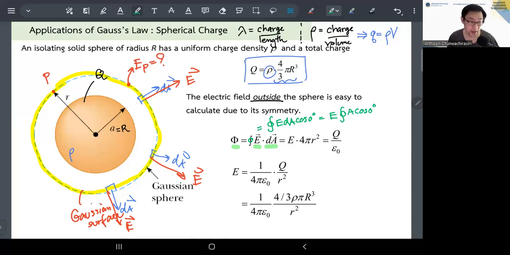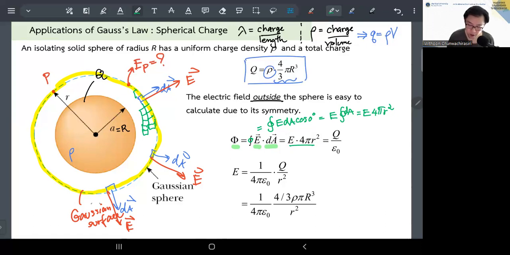Cosine 0 is 1, and the dA is just the sum of all those dA across this sphere, which gives you 4 pi r squared. That leads you back to E 4 pi r squared. That's the net flux on this sphere.